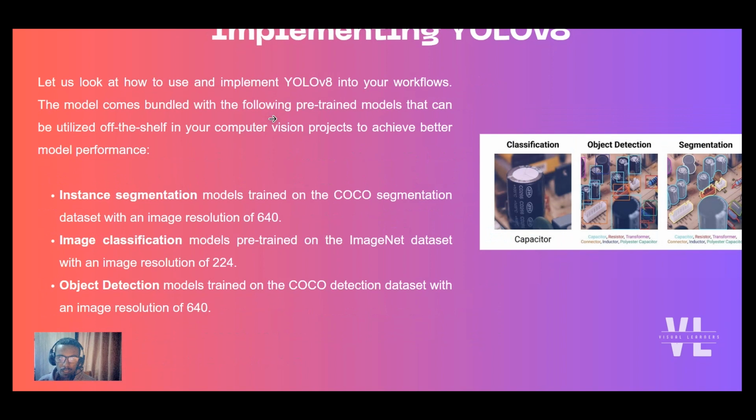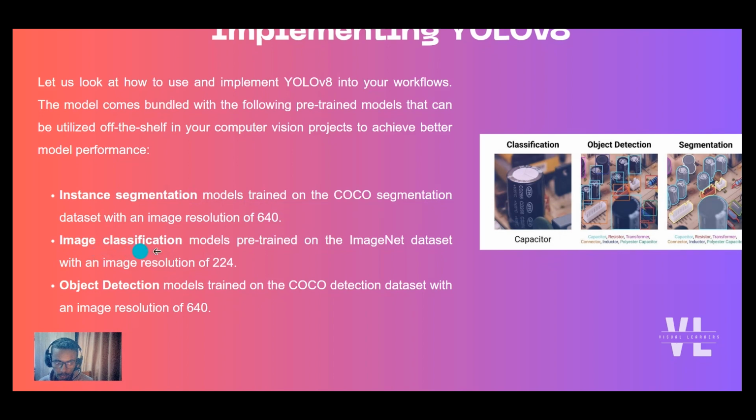So finally, let's see how to implement the YOLOv8 model. The model comes bundled with the following pre-trained models that can be utilized off the shelf in your computer vision projects to achieve better model performance. It can be used for instance segmentation, models trained on the COCO segmentation dataset with an image resolution of 640.